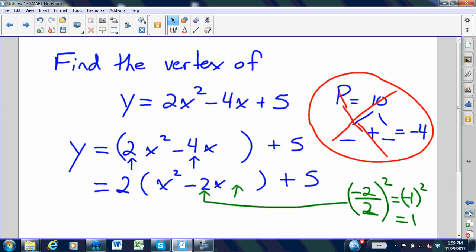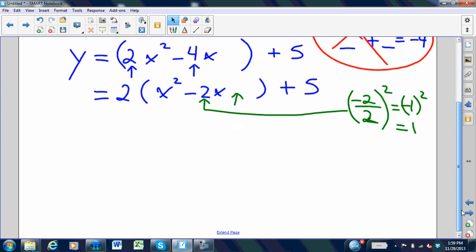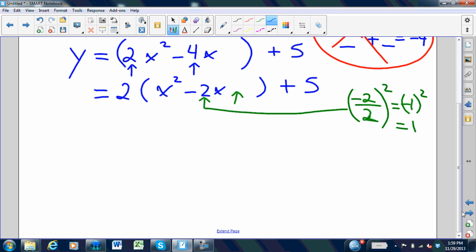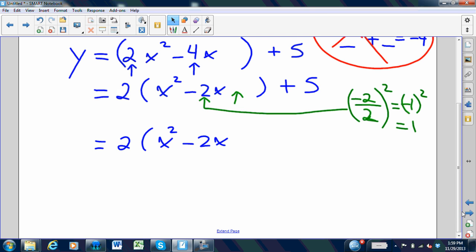So as I said, we're now going to take that positive 1. We're going to add it and subtract it inside the bracket, keeping the plus 5 as an observer. Now, this adding and subtracting of the 1 is a concept that students tend to have difficulty understanding. They don't get the point of adding something and then immediately subtracting it inside the bracket, because obviously we're just adding 0.